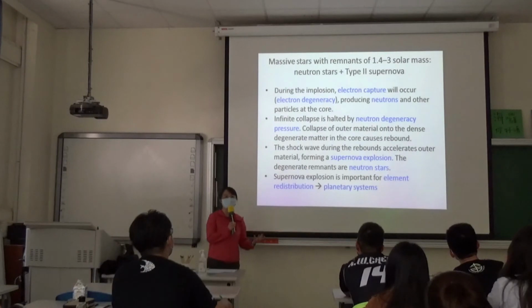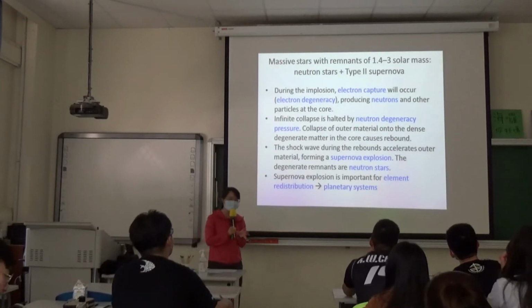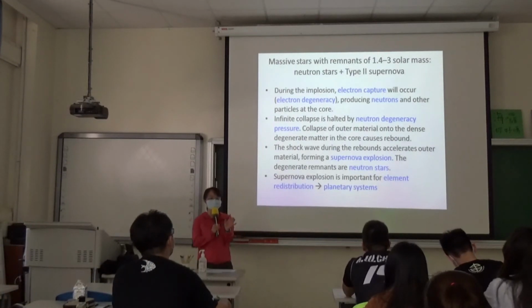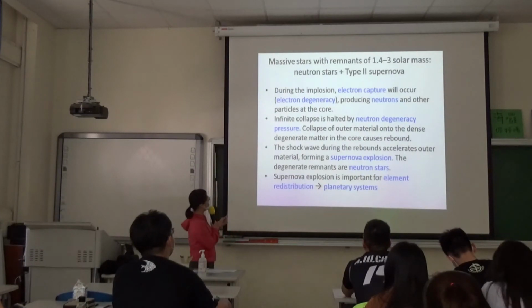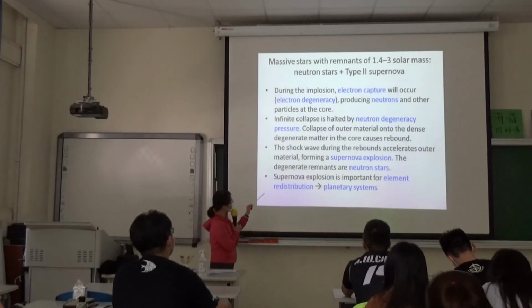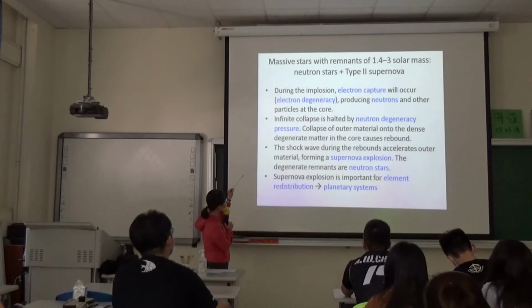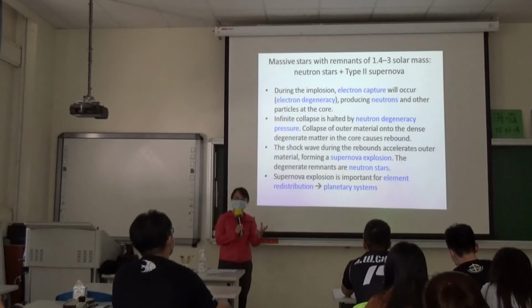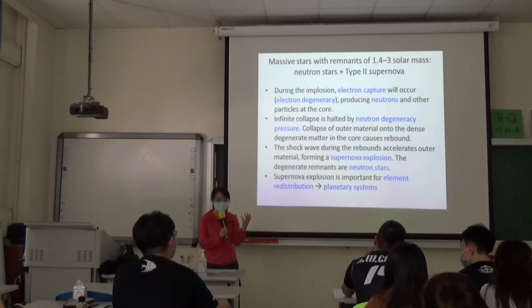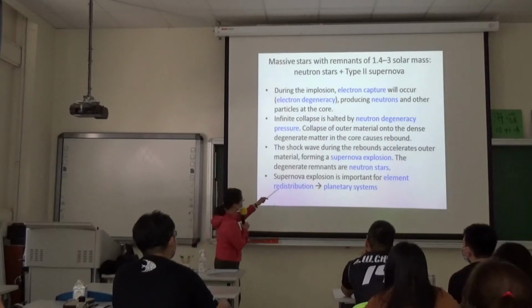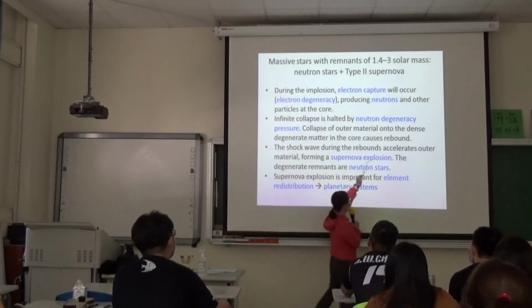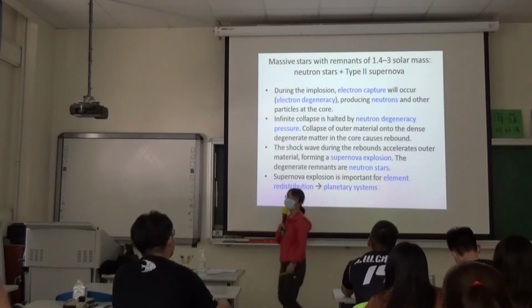Because now all electrons are forced into the nucleus, so now the nucleus is made of neutrons. And collapse of outer material onto the dense degenerate matter, which is all made of neutrons, in the core causes rebound. So what is rebound?